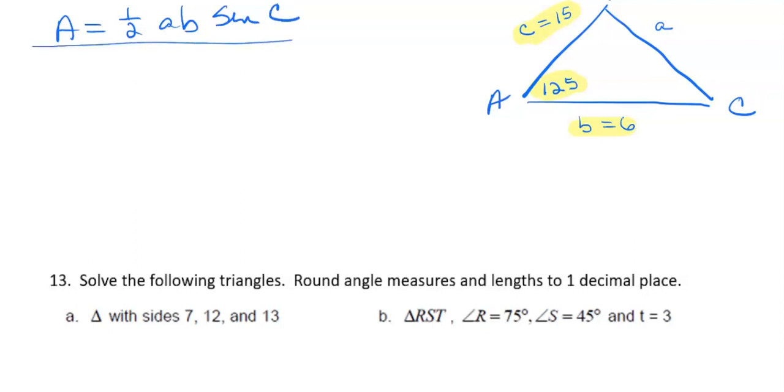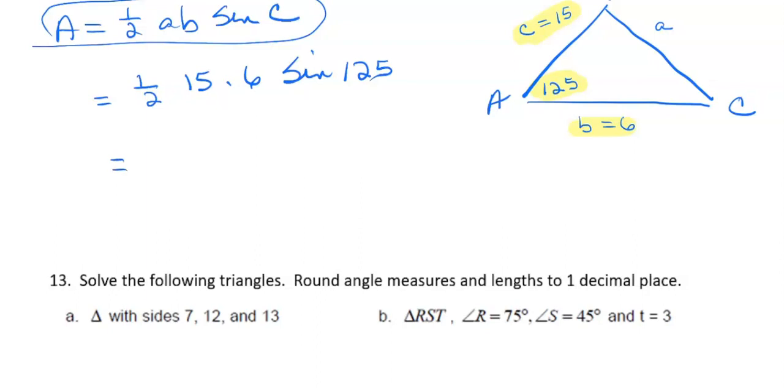This is just the concept that you have to have a sandwich in order to use this formula for area. So in our situation, the sides on either side of the angle are 15 and 6, and the included angle will have us find the sine of 125. That's what goes in your graphing calculator.